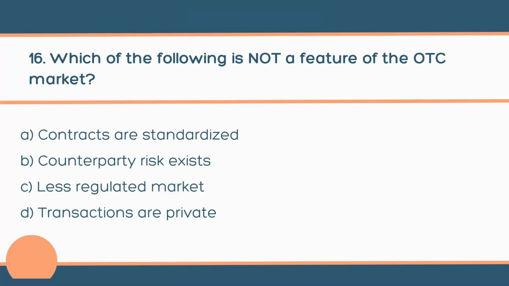Which of the following is not a feature of the OTC market? OTC contracts are customized unlike exchange traded derivatives. So the answer is A, contracts are standardized.